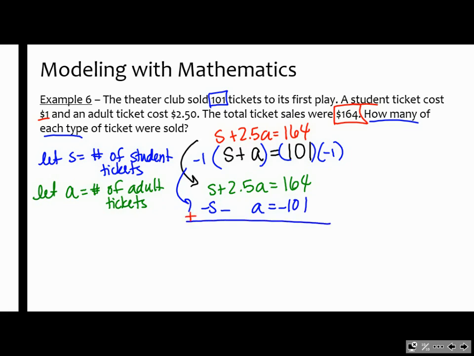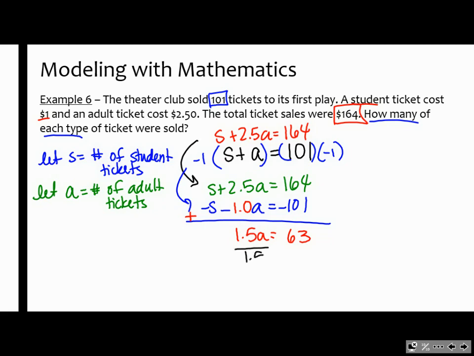And then we'll add them up. S subtract S is 0. And then maybe I do want the dollar sign on here. $2.50 minus $1, or 1 is the coefficient, so that'd be 1.5A. And 164 subtract 101, we'll have 63.